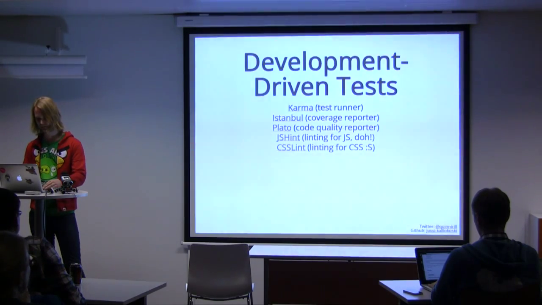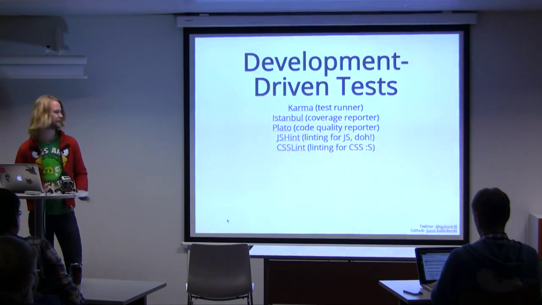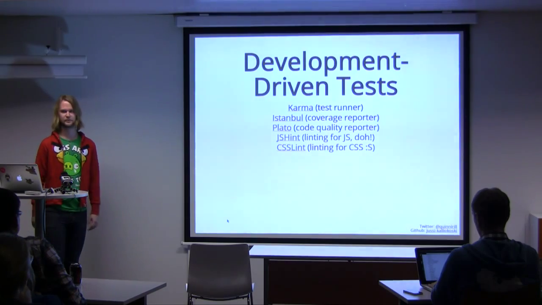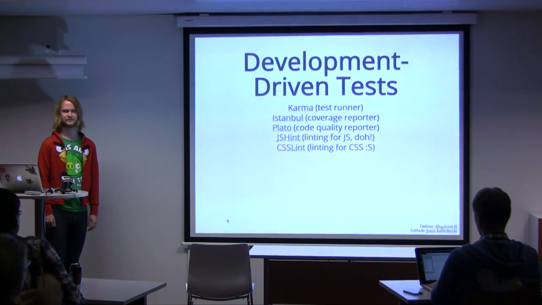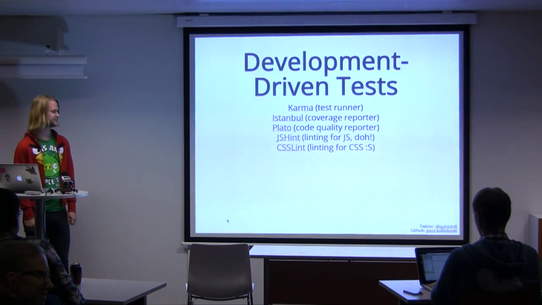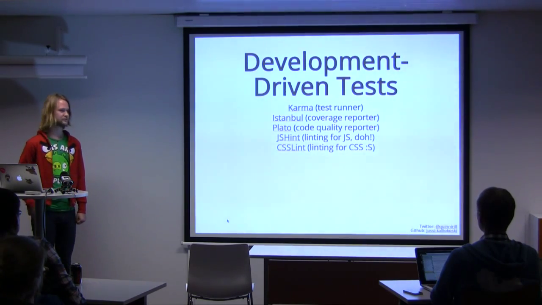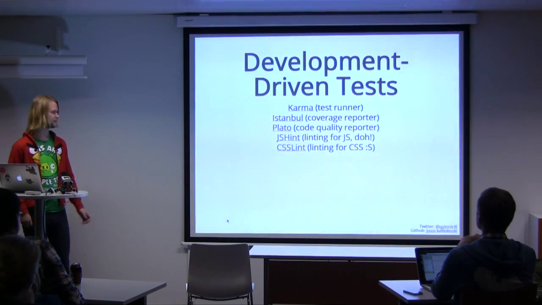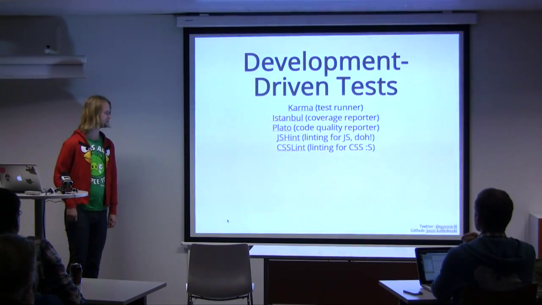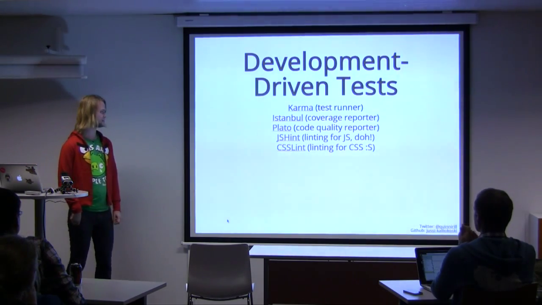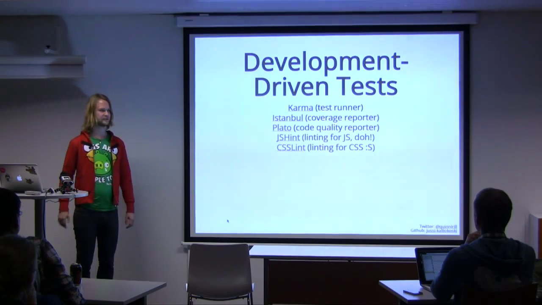Yeah, that's Plato. Then JSHint. How many of you have used JSHint? Yeah, if you like linting and tools telling you that you're doing your job wrong, then I suggest you try it out. I like it at least. Same for CSS Lint.